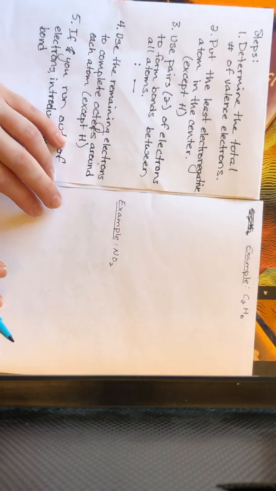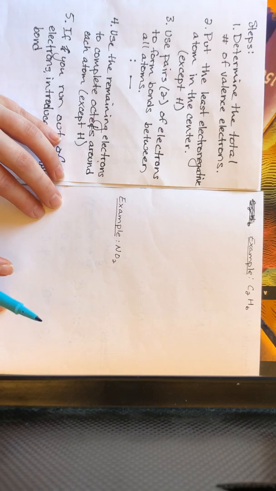A bigger molecule. And I won't give you ones that are bigger than this typically, but I wanted to show you one where there isn't really a central atom. So here we have C2H6. We know that the hydrogens can't go in the middle, and so the carbons are going to go in the middle. First, valence electrons though.